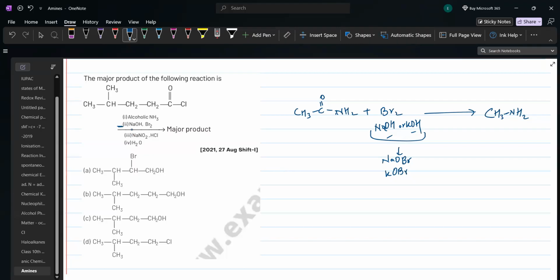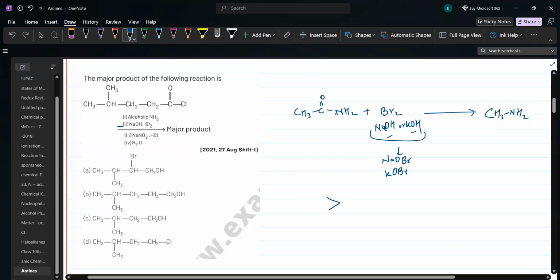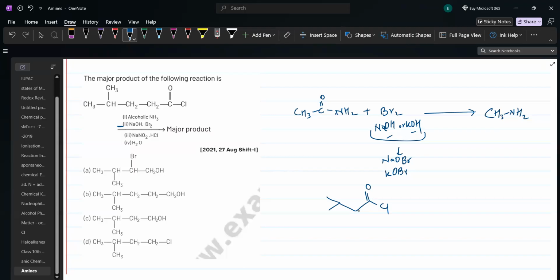Okay? So in the first step, alcoholic NH3 is there. I'm just writing it down. This is the chain, 1, 2, 3, 4, 5 carbon.